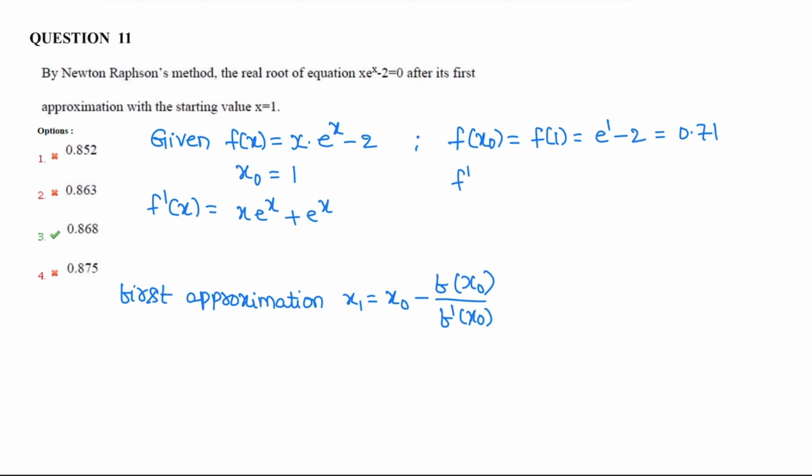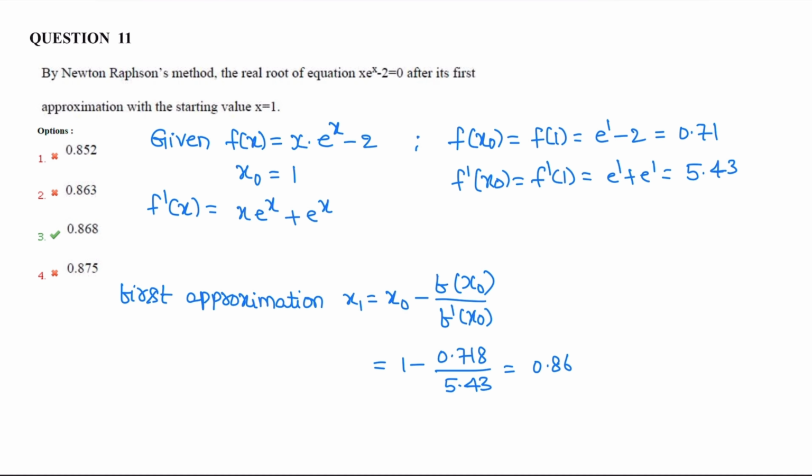Now f dash of x naught is f dash of 1, that is 1 into e power 1 plus e power 1, and its value is 5.43. For the first approximation, x1 is equal to x naught, which is 1, minus f of x naught 0.718 divided by f dash of x naught 5.43. On calculation it is 0.868. Correct option is 3.